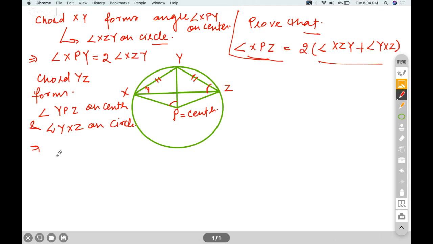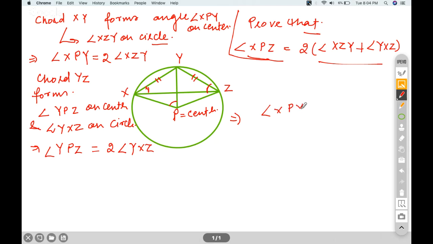So from here I can write YPZ is equal to 2 times angle YXZ. So let me add it.